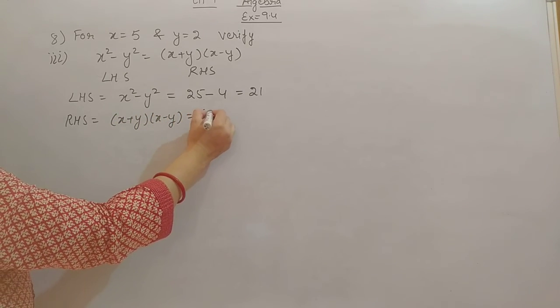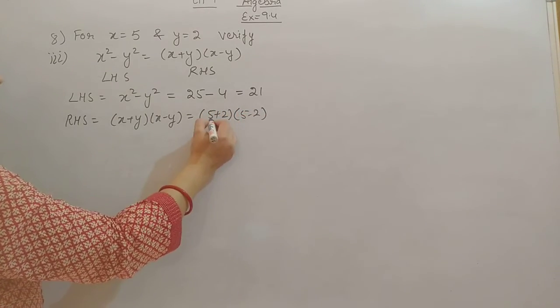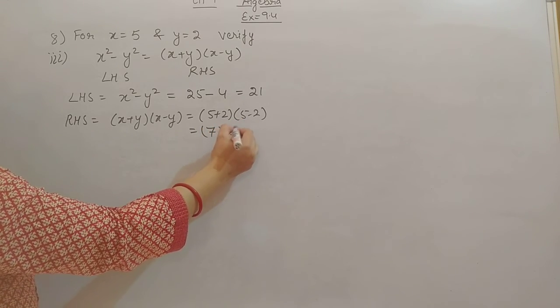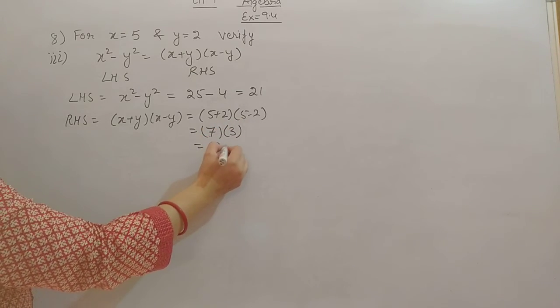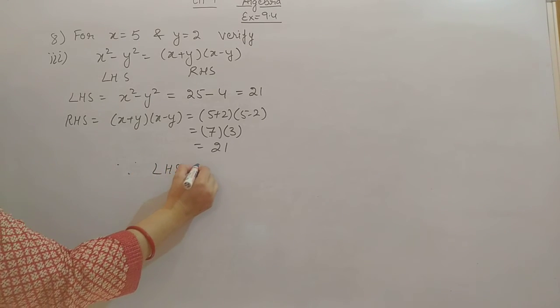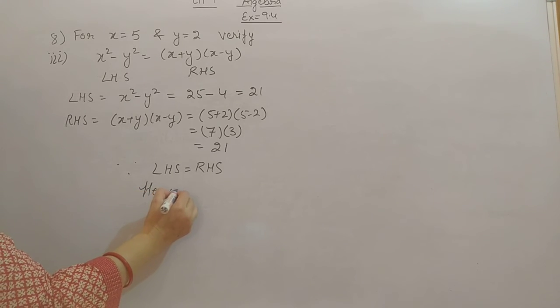X plus y means 5 plus 2 and another bracket is 5 minus 2. 5 plus 2 is 7 and here 5 minus 2 is 3. 7 into 3, 21. So because left side is coming equal to right side, hence verified.